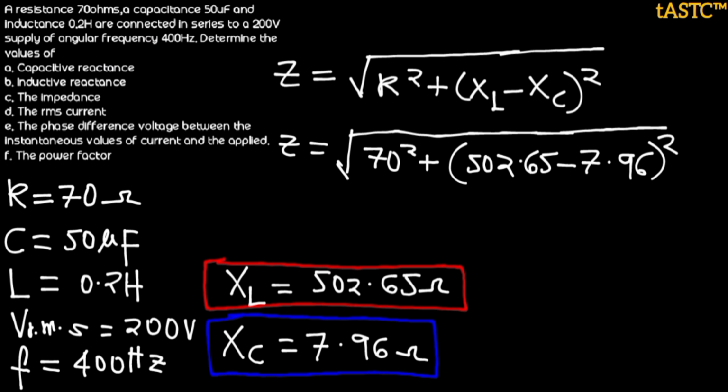So this is 70 squared plus this, and that gives us 499.62. The impedance Z is 499.62 ohms.